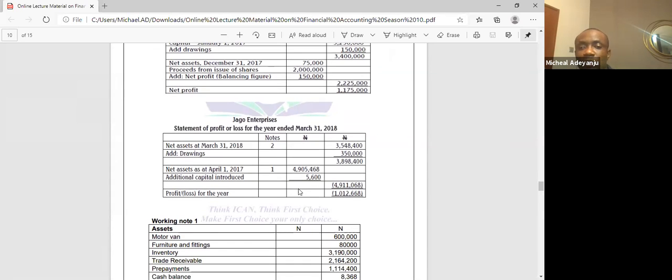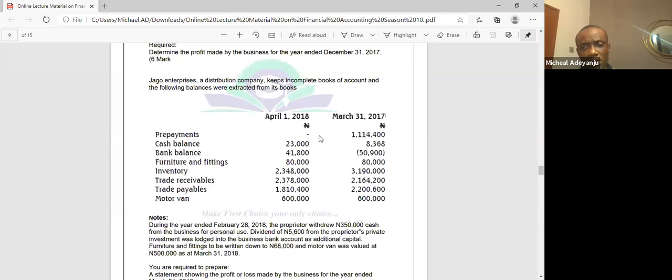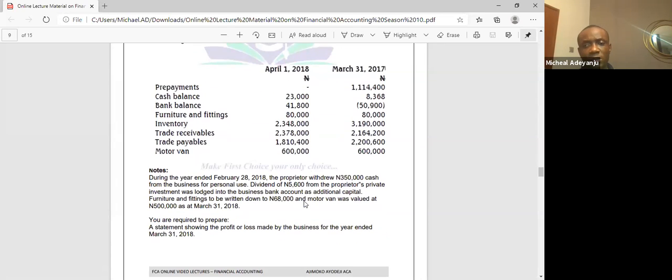So basically, you are just subtracting your liability from your assets in order to determine your profit from these whole questions here. There's no big deal about it. Just know that by 2018, your motor van that was 600 has already reduced to 500 due to depreciation.